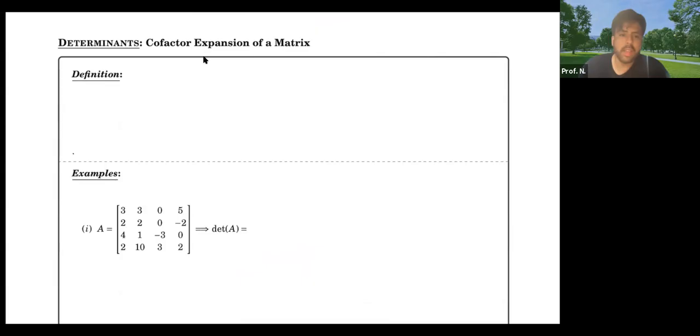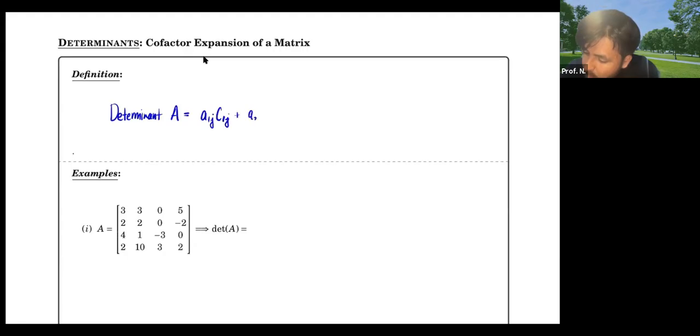The determinant of A can be found by performing the cofactor expansion, which is the following: I take a1j times C1j plus a2j times C2j, and I do this all the way to anj times Cnj.